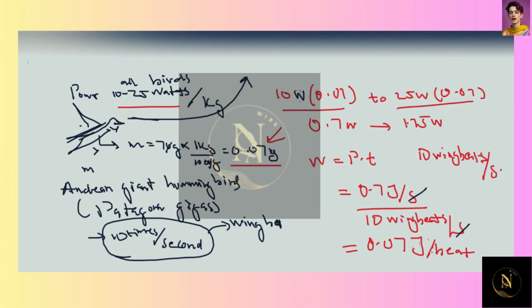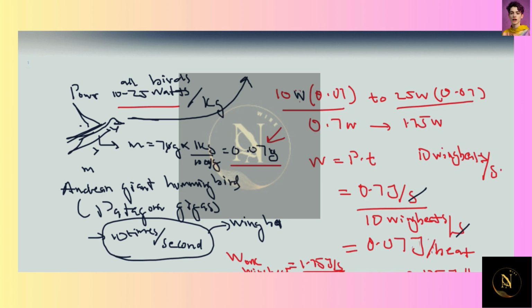For the second range, which is 1.75, the work done by the wing beat becomes 1.75 joules per second divided by 10 wing beats per second, and that gives us a different range, which is 0.175 joules per beat.